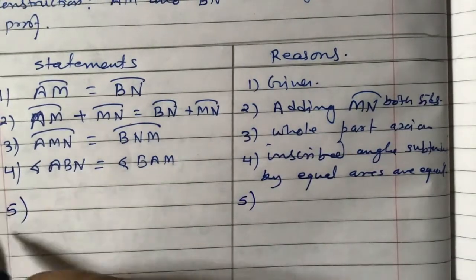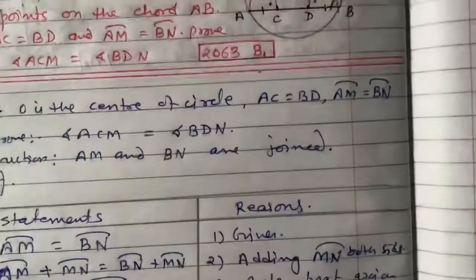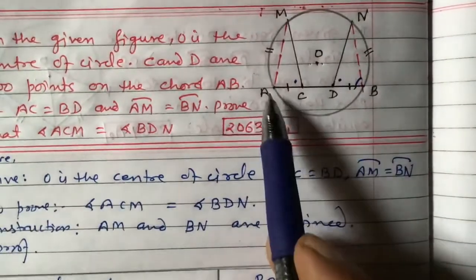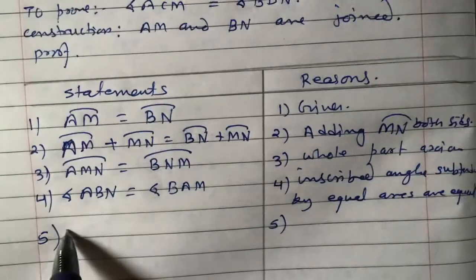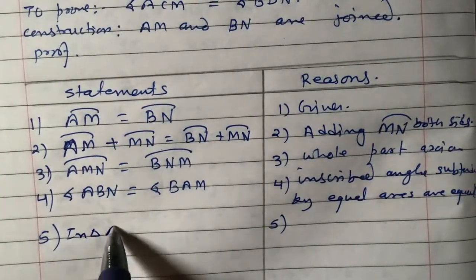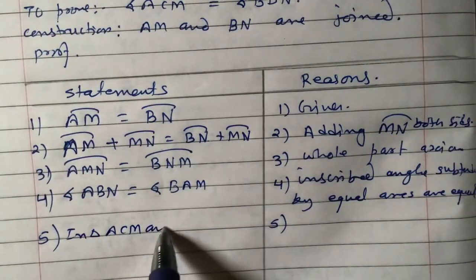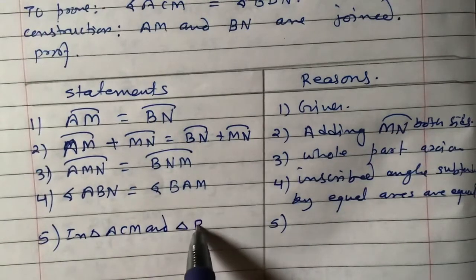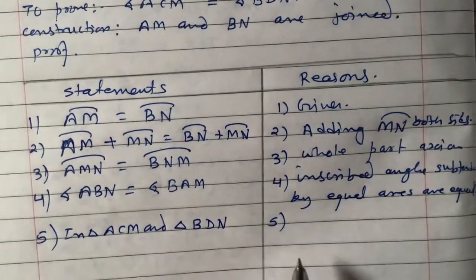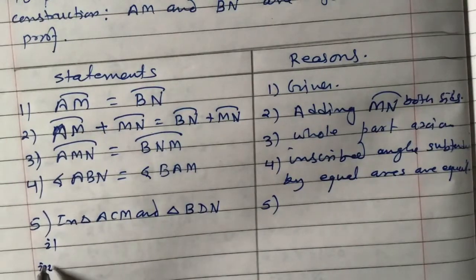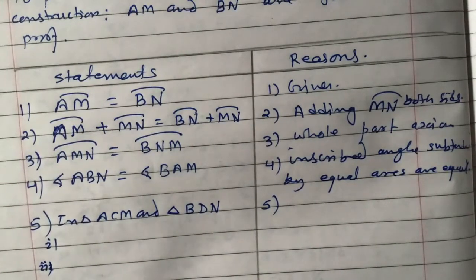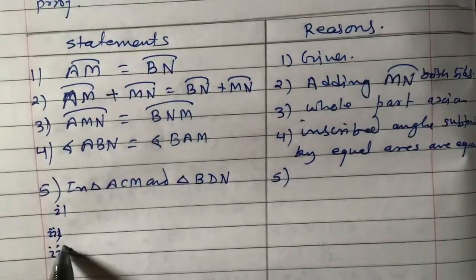Now number 5. Let us make these two triangles congruent, that is triangle ACM and triangle BDN. We will write three statements.